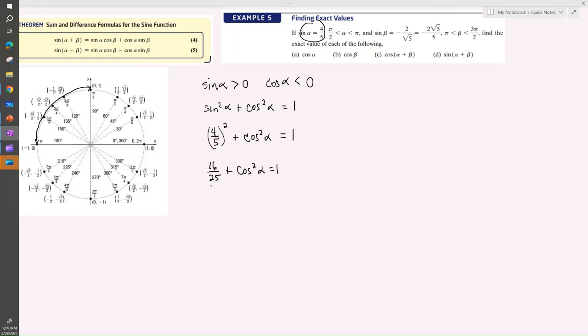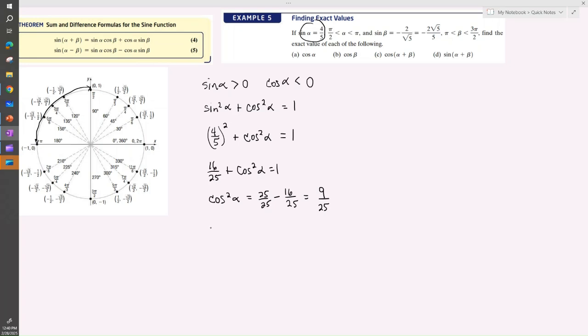So if I subtract 16 over 25 from both sides, I would get that the cosine squared of alpha is equal to, I'm going to write 1 as 25 over 25 minus the 16 over 25. If I subtract that from both sides, I know that the cosine squared of alpha is going to be 9 over 25.